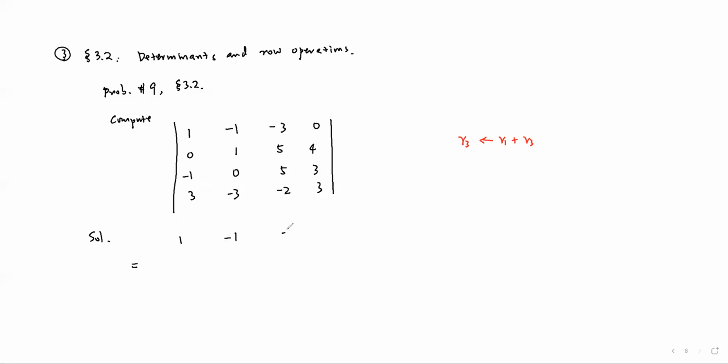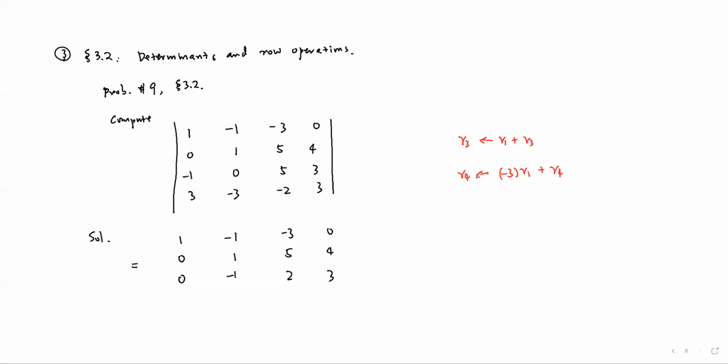Then I use this pivot number to eliminate this number 3: -3 times row 1, then add to row 4, and put the result in row 4.